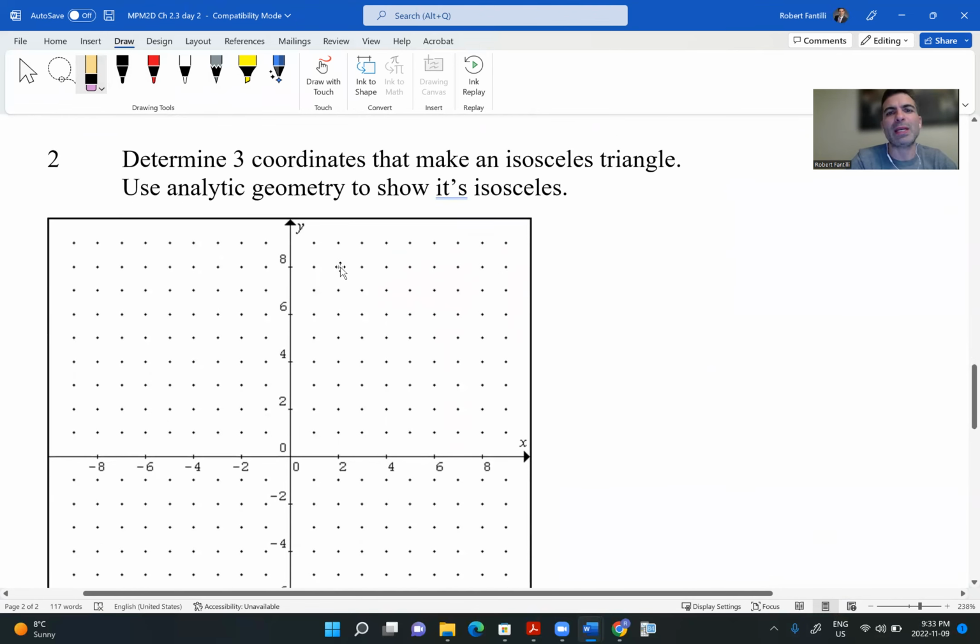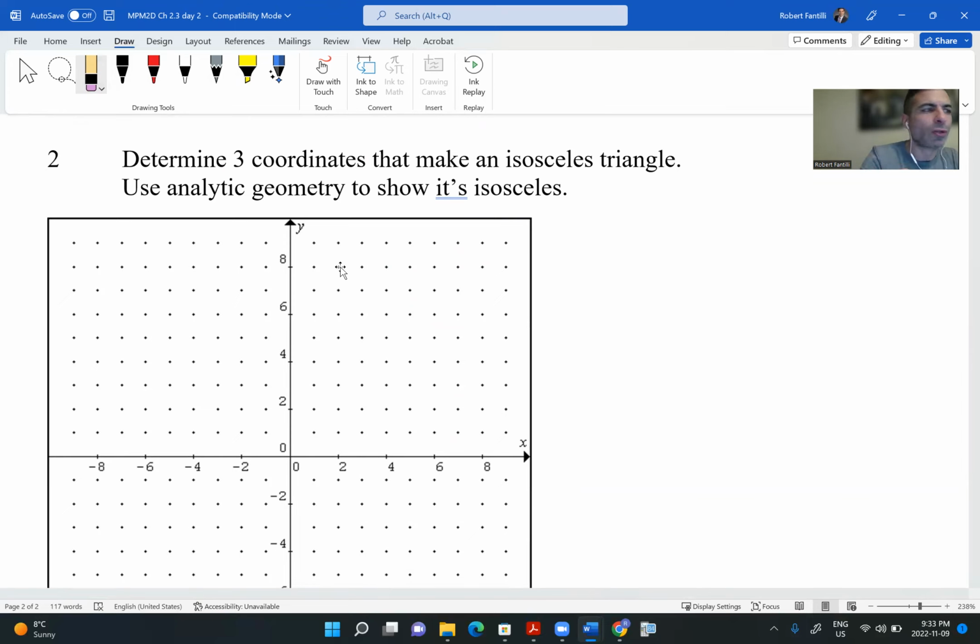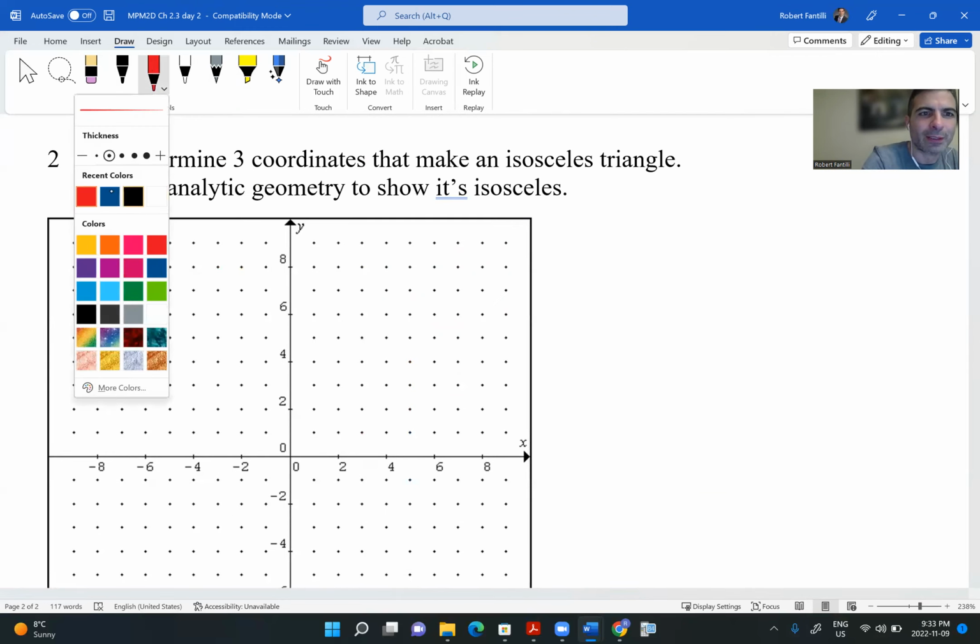Determine 3 coordinates that make an isosceles triangle and use analytic geometry to show it's isosceles. So let me just see what I did in the answer key for you guys. All right, if I want to draw an isosceles triangle, I could start off at, I think I started at 6. So let's try that.